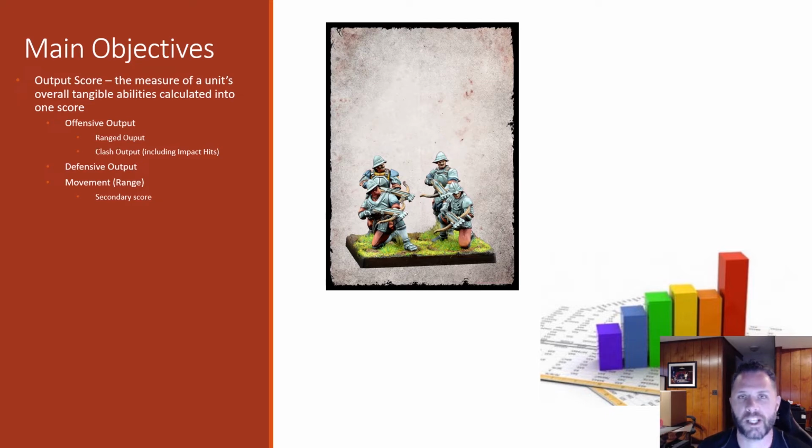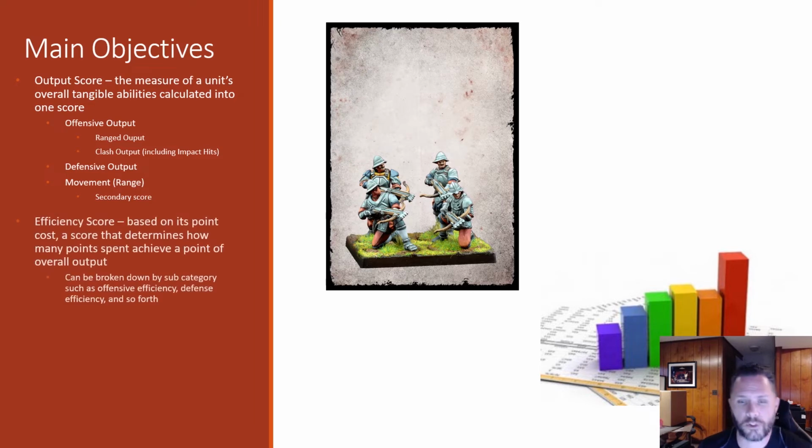That is a combination of 3 scores. It's offense, which is how much damage it can do. It's defense, which is how much damage it can take. And I also use movement as a secondary score. It's how far it can move, because a unit that can move 5 inches is at a disadvantage to a unit that can move 15 inches and who can also fly, right? So those all come together to create an output score.